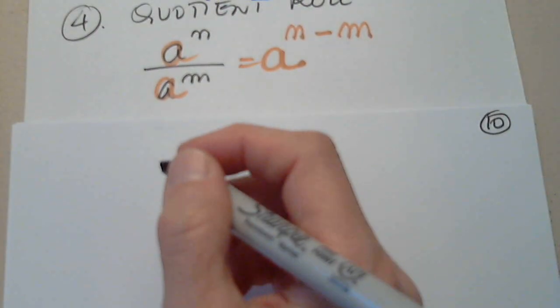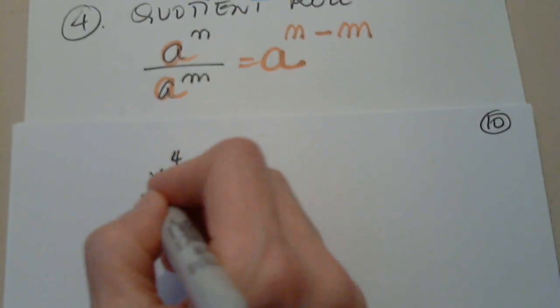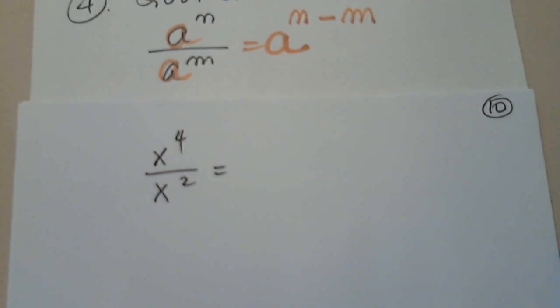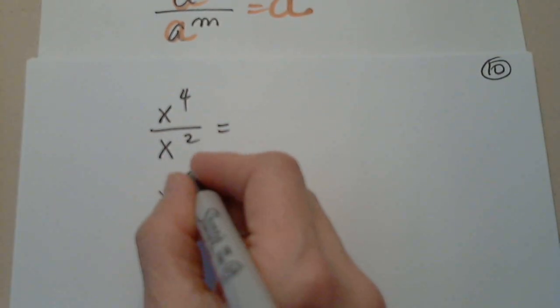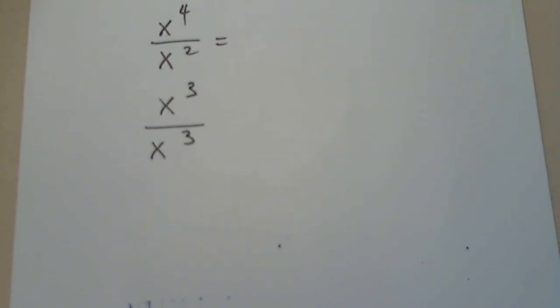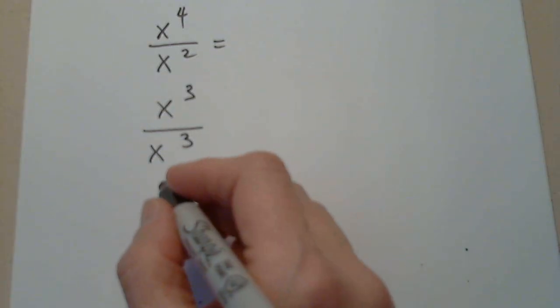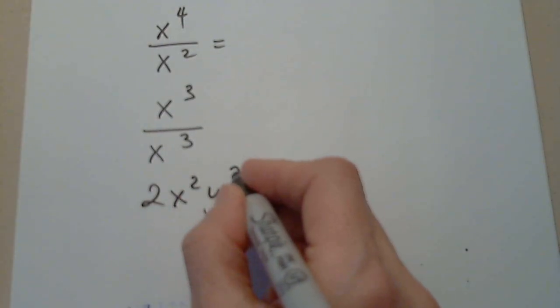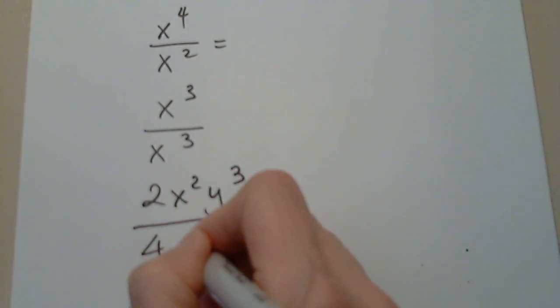So, for example, x to the 4th over x squared. X to the 3rd over x to the 3rd. And another example. 2x squared y to the 3rd over 4xy.